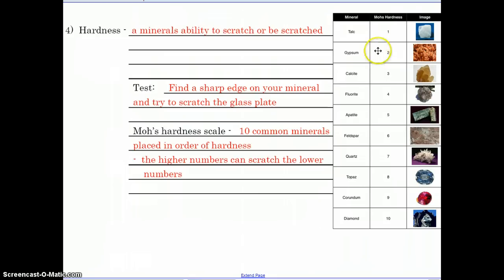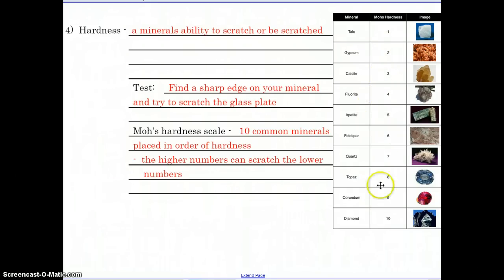So we use this scale, and you can take a hardness kit with you when you are trying to identify minerals, and you'll take an identified mineral like calcite, and if you can scratch the unidentified mineral with it, then you know that the calcite is harder than that mineral.